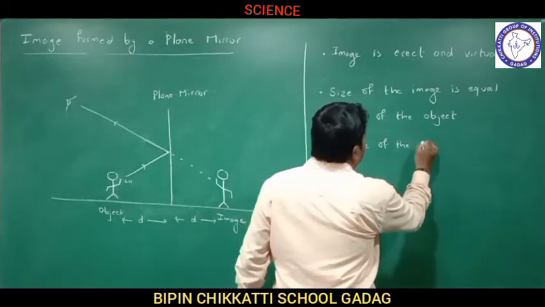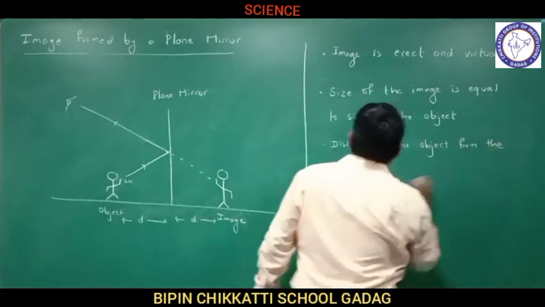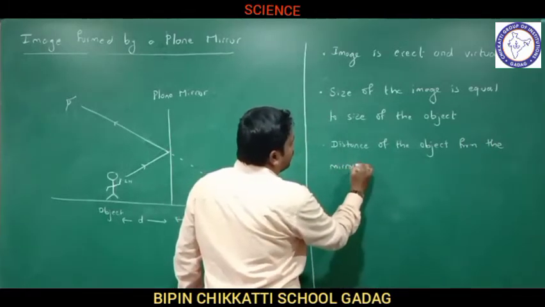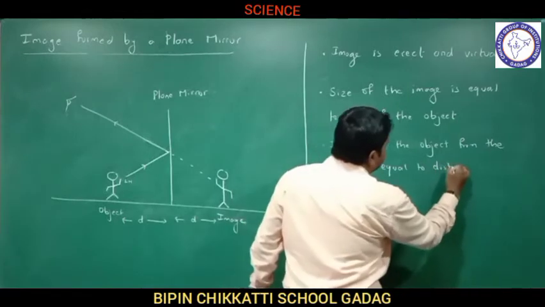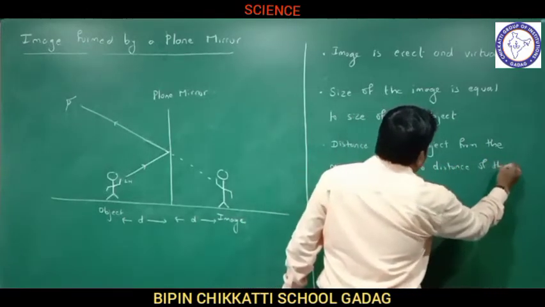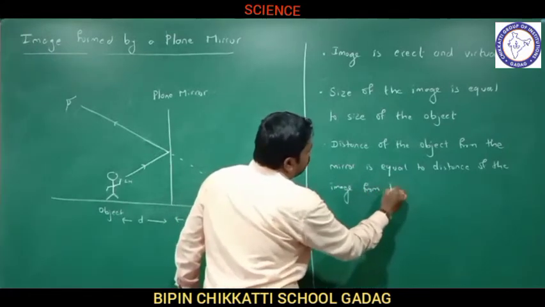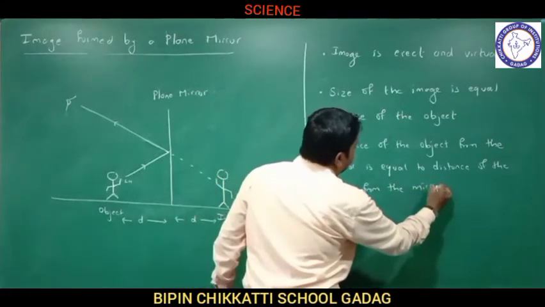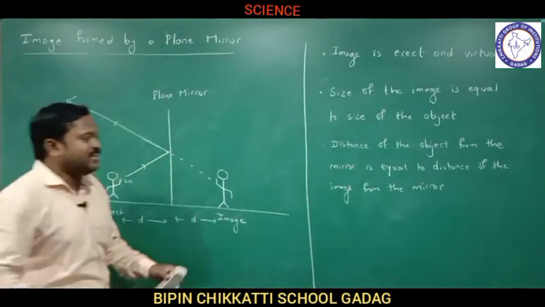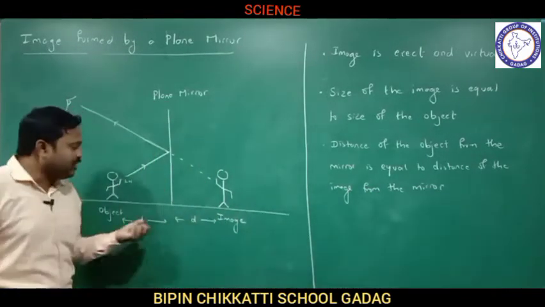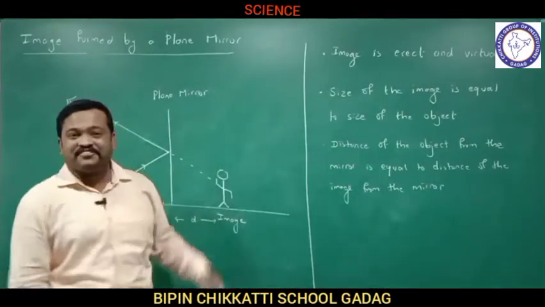The distance of the object from the mirror is equal to the distance of the image from the mirror. This distance will be the same. These are the characteristics of the plane mirror.